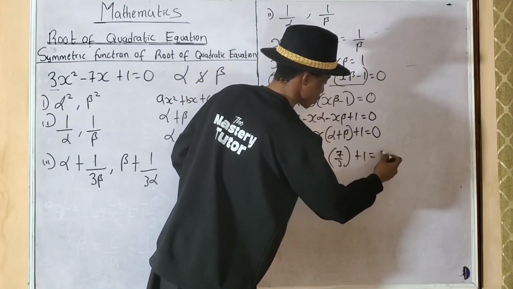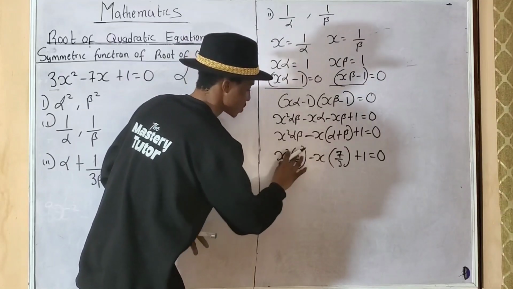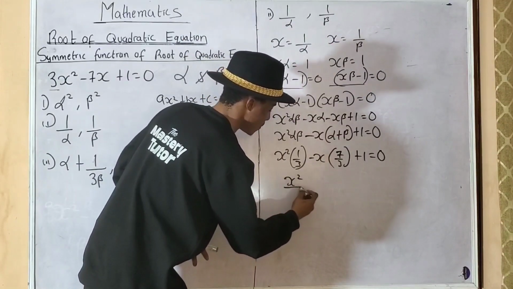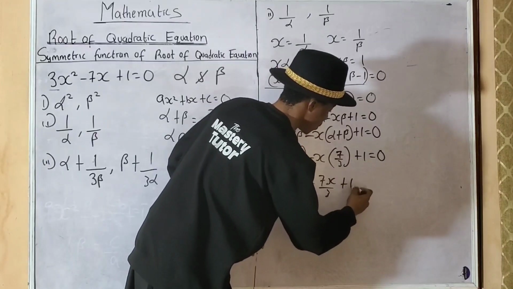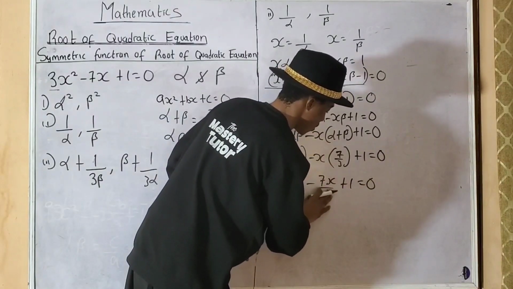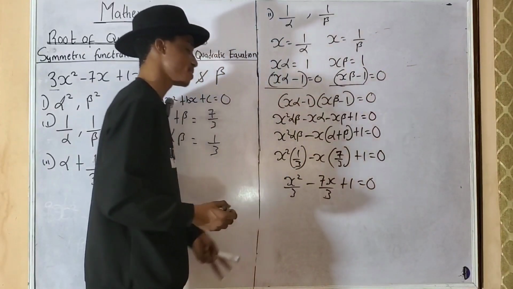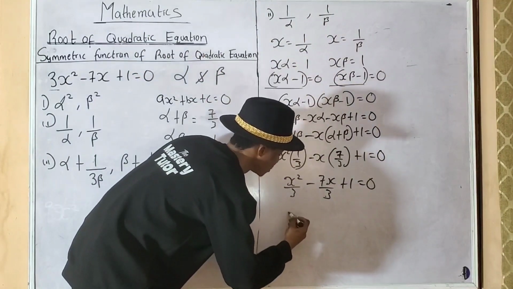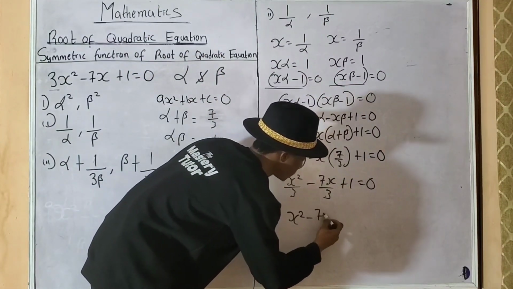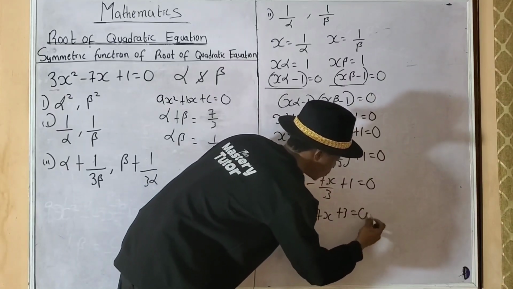This will be plus 1 equals 0. Okay. x squared times 1 over 3, that is x squared over 3, minus 7x over 3, plus 1 equals 0. Now, to eliminate the fraction, I can multiply all through by 3. So I'm going to have x squared minus 7x plus 3 equals 0.